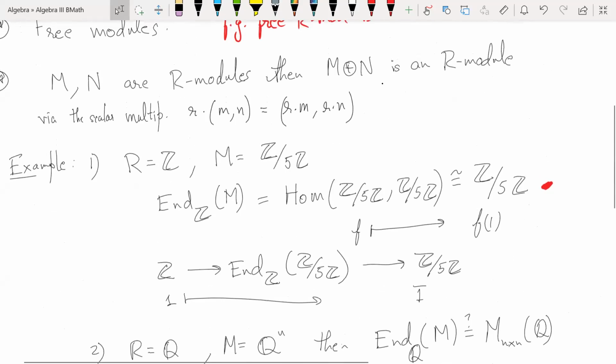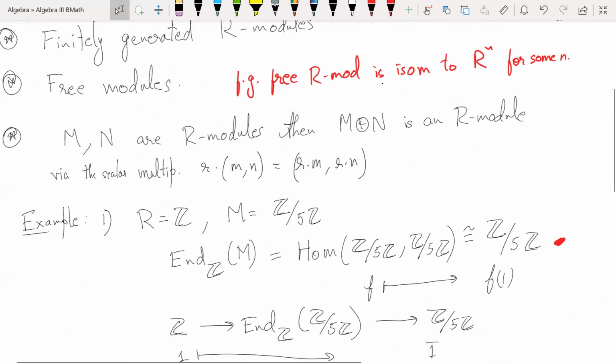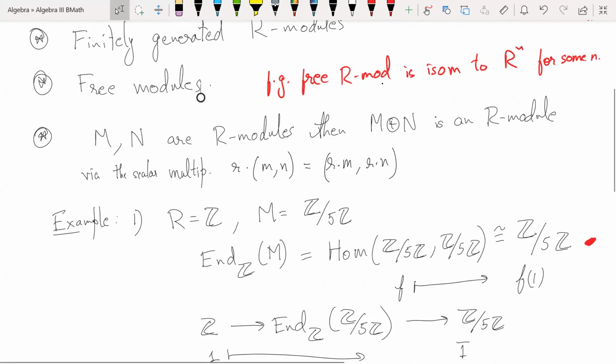Okay. Maybe I should say a little bit about free modules. Finitely generated free modules are R to the power n. We won't discuss much about infinitely generated modules, so let me not get into that discussion.